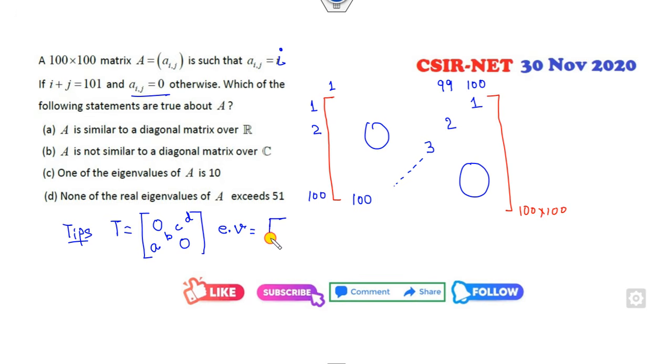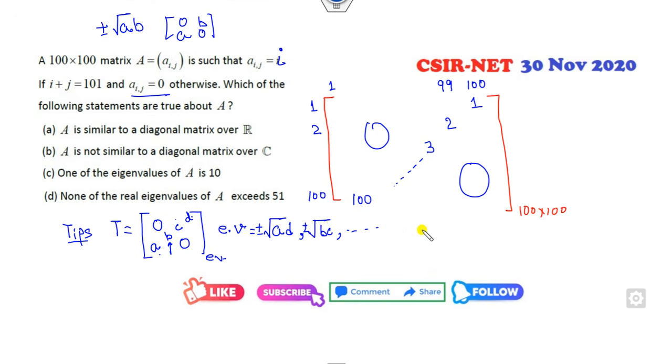It is plus minus the square root of first number times last number, comma, plus minus the square root of second number times second last number, and so on, if it is an even number of entries. What are the eigenvalues? First number, last number.